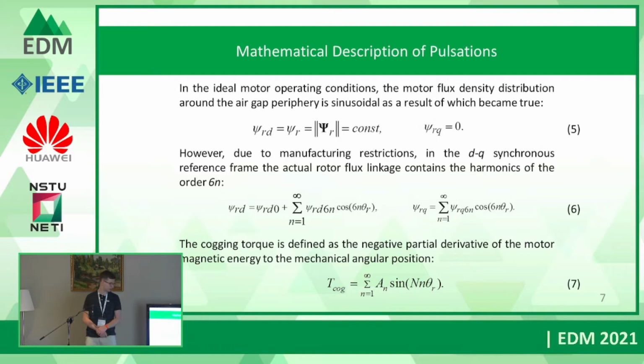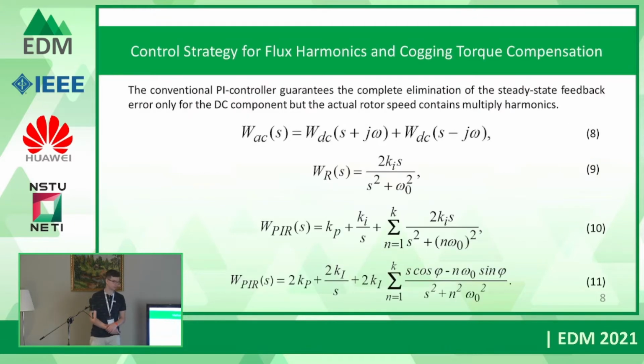The cogging torque is defined as the partial derivative of the motor magnetic energy with respect to the rotor position, and is presented in equation 7. Also, from equation 7, we can see that the cogging torque is independent of the stator current value.